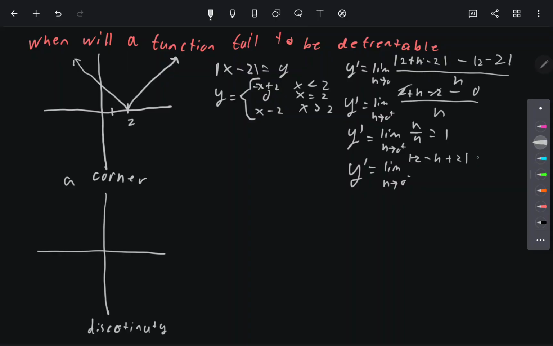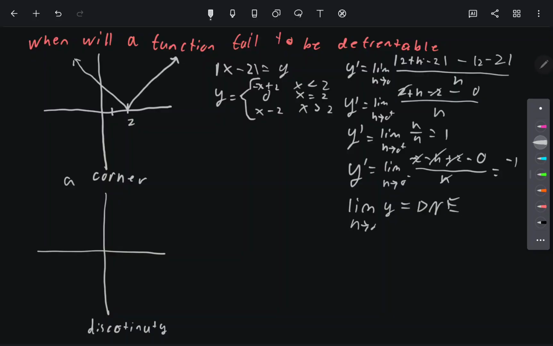Actually, no, that doesn't need an absolute value. And then minus the value, which is 0, all over h. Well, this 2 and this 2 cancel, this h and this h cancel, but it leaves a negative 1. This limit does not exist. The limit as h approaches 0 of y does not exist.